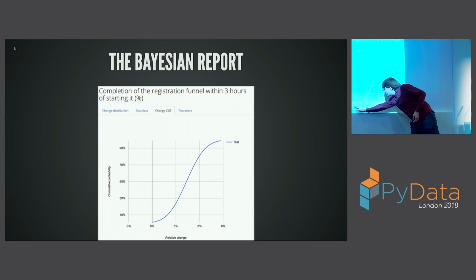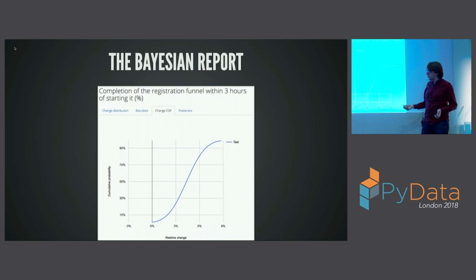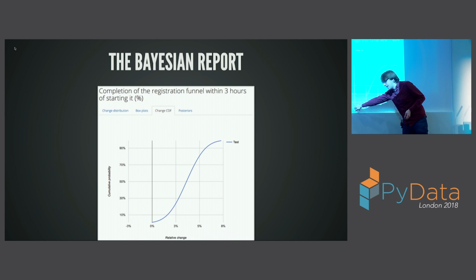This point here is where this line intersects the 0 line. That's the percentage chance that the test is better by some margin, or is not worse by some margin equivalently. We're pretty damn sure this test is a good one, because this is virtually at 0.